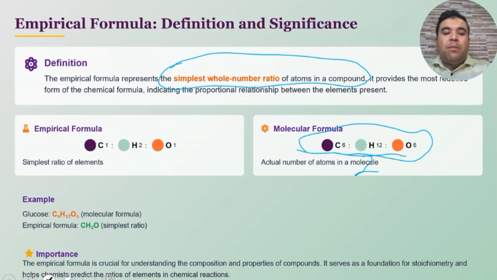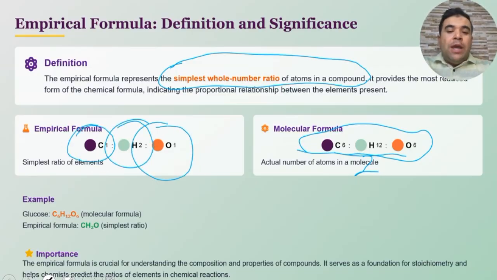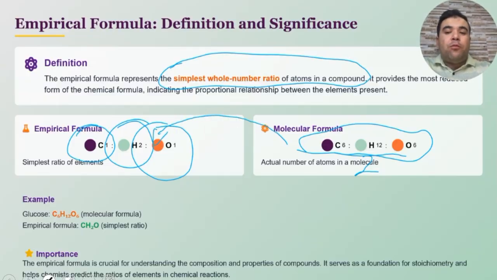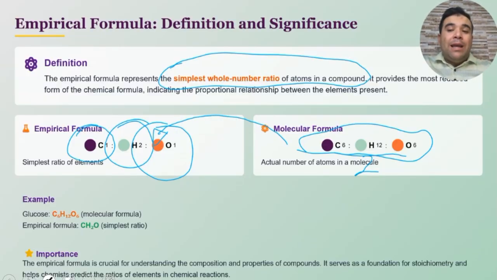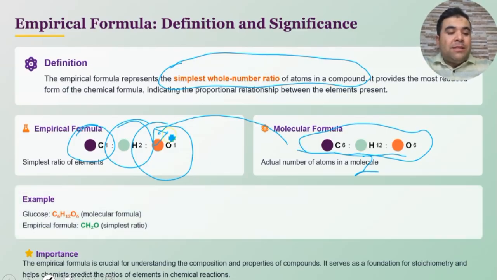When we divide the carbon by 2, we got C1H2O1. So in this procedure, we have calculated the empirical formula from the molecular formula by simplifying the molecular formula. As you can see here, C6H12O6 represents the molecular formula, but CH2O represents the empirical formula.